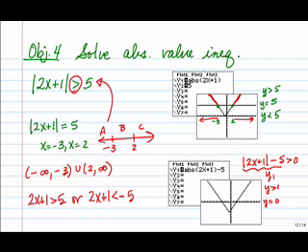It's greater than 0 above the x-axis and less below. So where is it above the x-axis? Well, that's here or here, which is exactly what we did up here with the intersection of graphs. So at 2 and to the right and at less than negative 3. So we would get the same result in either case.